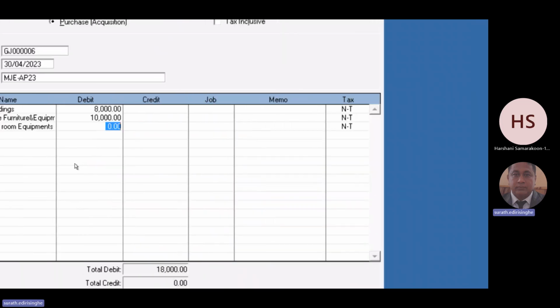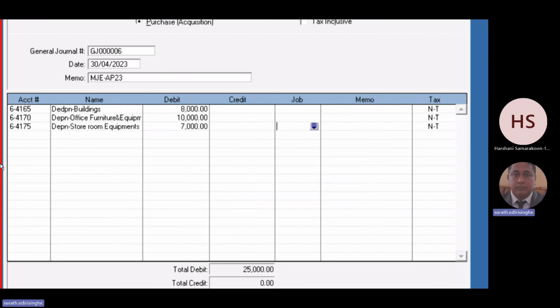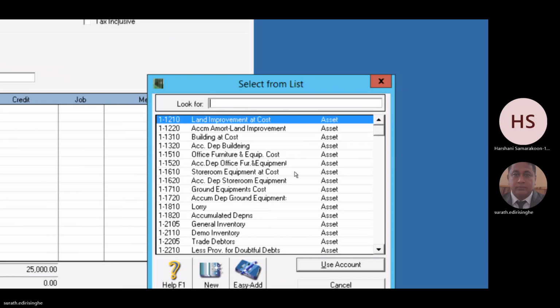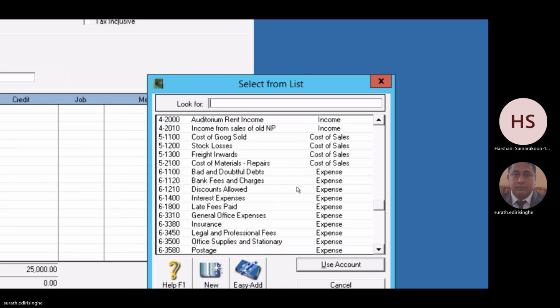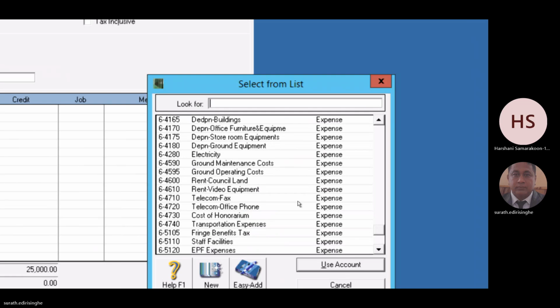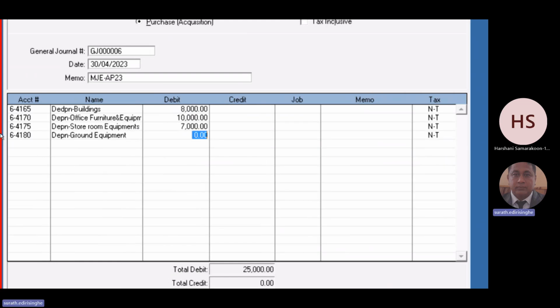Storeroom, no? Amount 7,000. Last one, debit ground equipment. Amount 15,000.